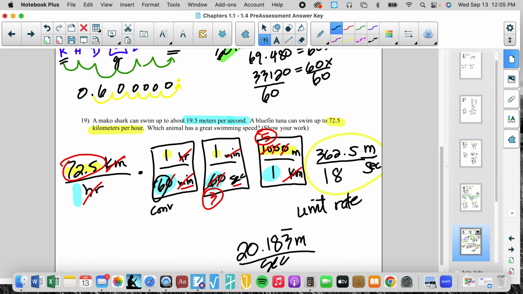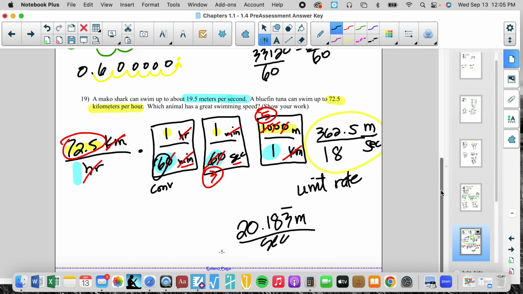So how does that compare to the mako that can swim 19.5 meters per second? Well, when I'm comparing speed, I want something that travels a farther distance per second. So which one swims faster?